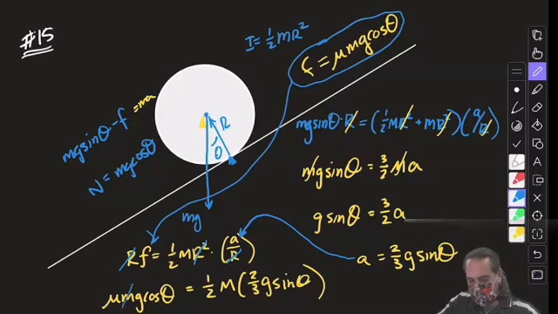And m cancels out. g cancels out. 2 cancels out. And it looks like mu equals 1/3 tan theta.